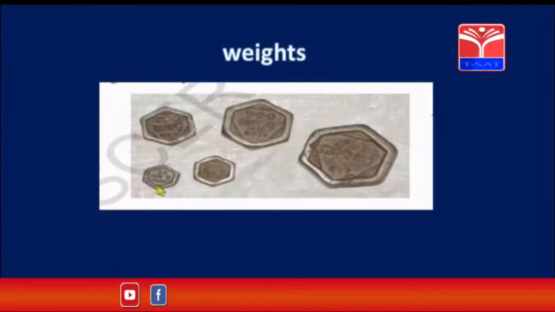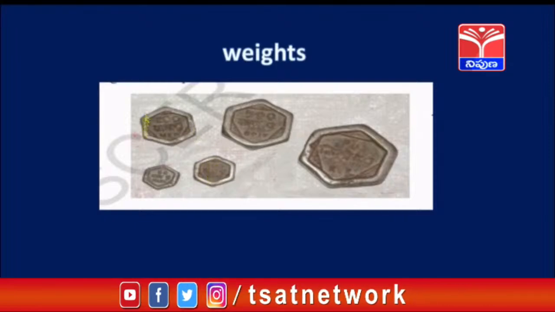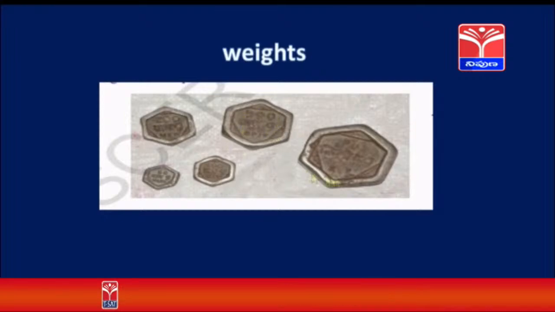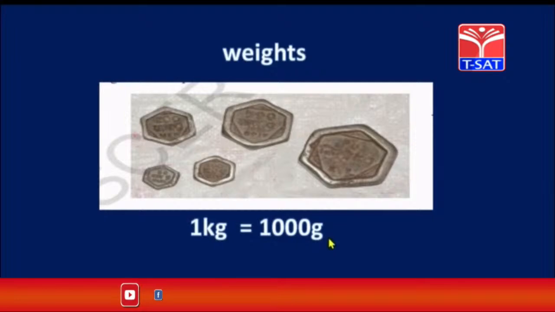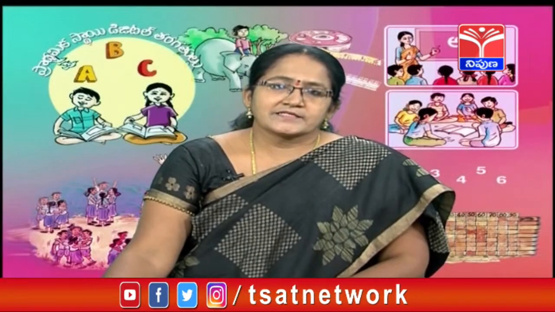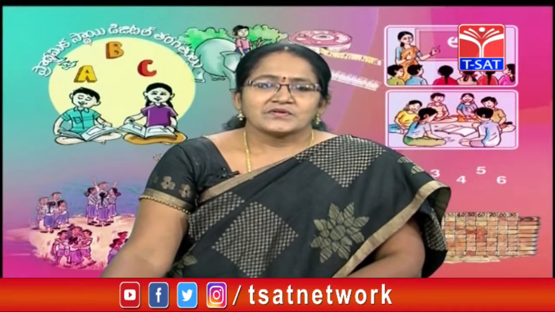Children, look at this weight. This is the weight of 50 grams, the weight of 100 grams, the weight of 200 grams, 500 grams and 1 kilogram. Children, we can express 1 kilogram as 1000 grams. Children, 1000 grams makes 1 kilogram. Now let us see some grams in terms of kilograms.